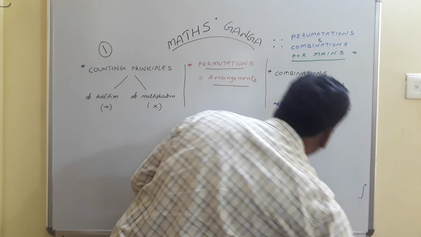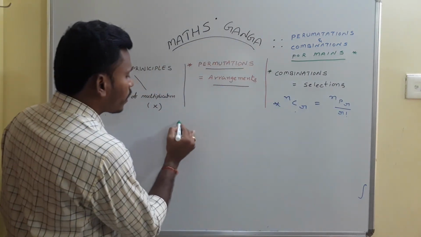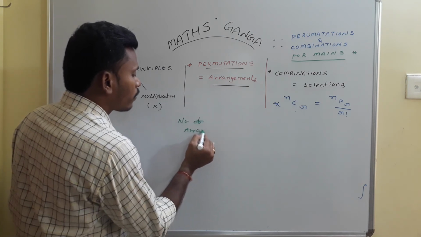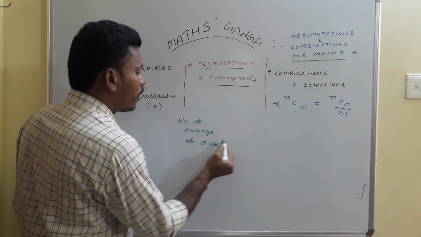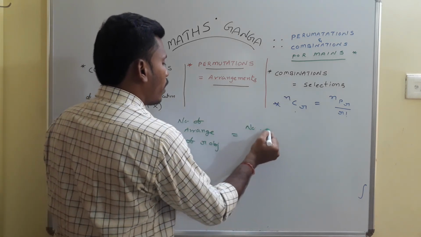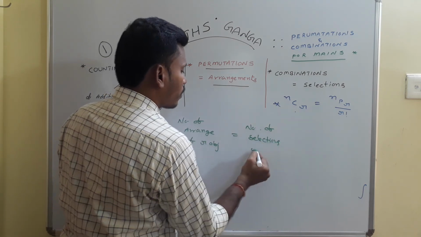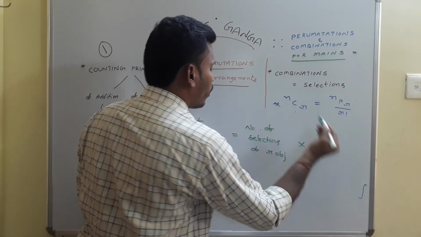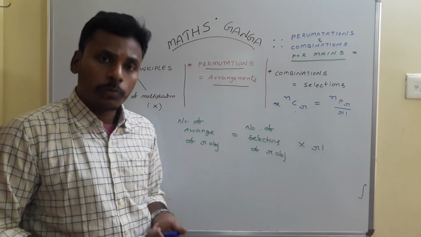The basic relation between those two is: number of arrangements of r objects is equal to number of selections of r objects into r factorial.